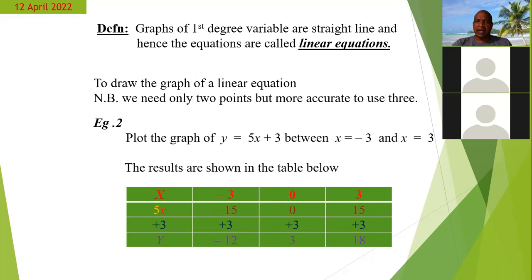What do we call these kind of equations when x and y have the power 1? What do we call them? They are known as, anybody? It is right in the definition here now.